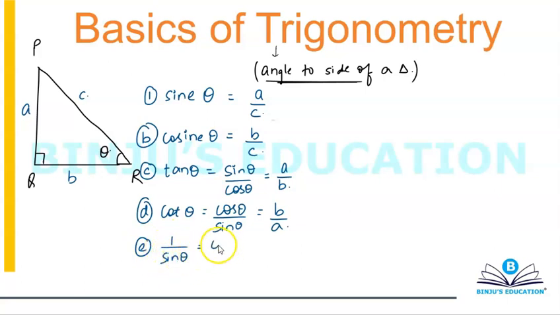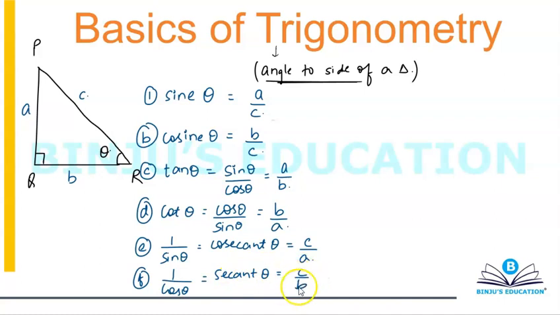Now this is known as cosecant theta, which is also known as cosec, C-O-S-E-C. So that is basically equal to C by A. Then the last one is basically the inverse of cos, which is known as secant theta, and that will simply be equal to C by B.